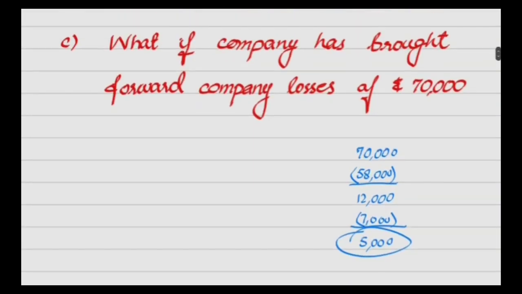So our QCD will be wasted because there is no profit against which we can use the QCD. And remember, QCD cannot be carried back, and it cannot be carried forward as well. So it will be wasted in the situation that the loss is equal to the total profit.